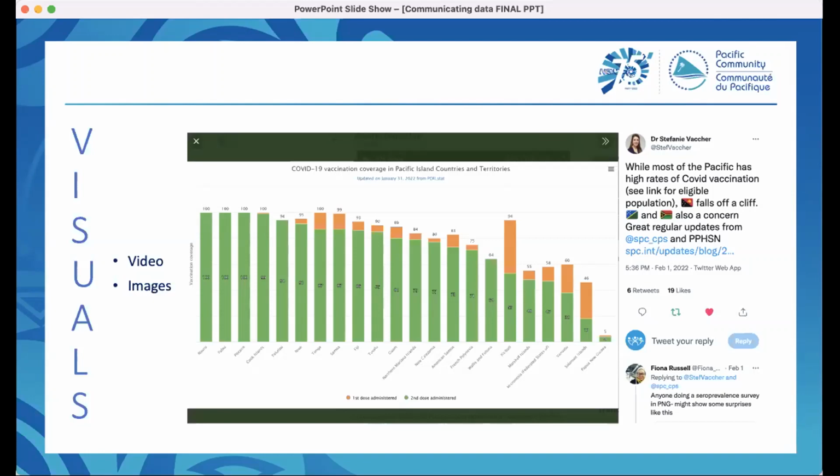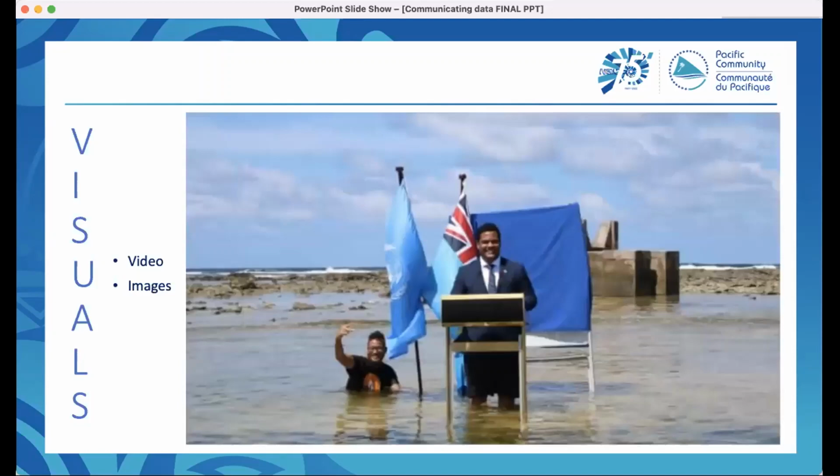There's an old saying that a picture tells 1,000 words, and this has never been more true than with social media. This photograph here is one that I've used twice in this presentation. And you've probably all seen it before, as it was all over the global media and social media during and just after COP26.